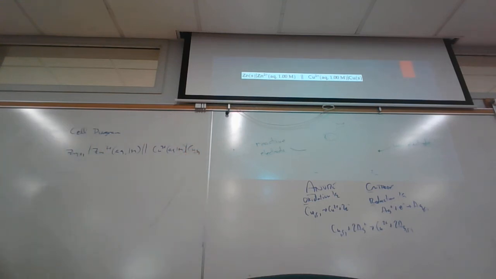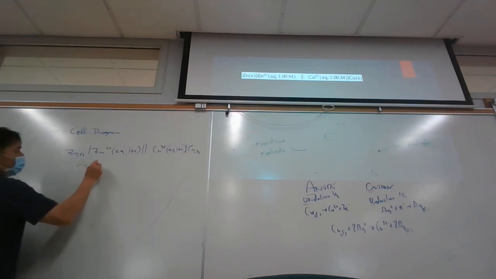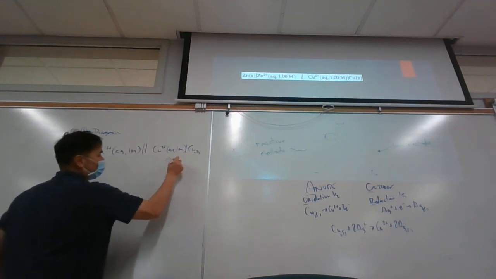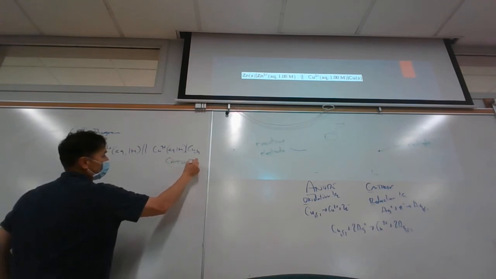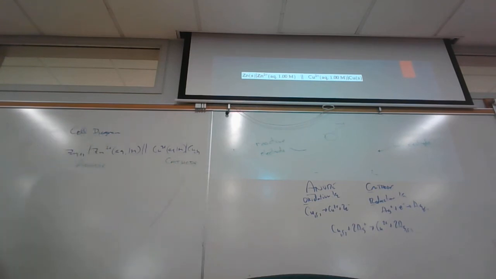If I write it like this, then I have the anode on the left and then the cathode on the right. And so that follows convention. The cell diagram is a shorthand way of representing this cell.